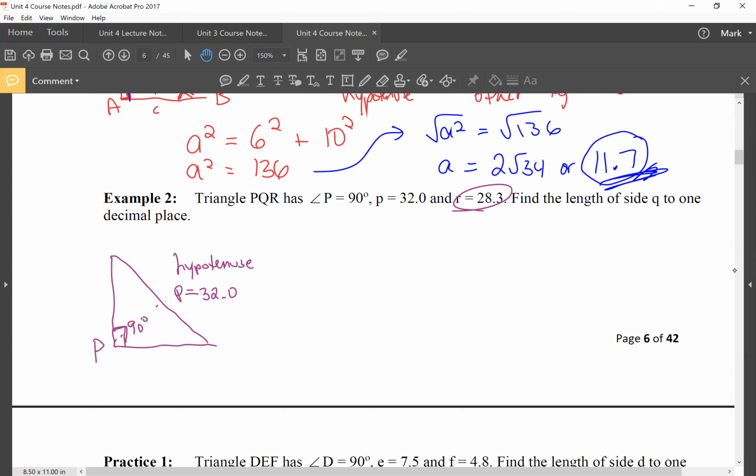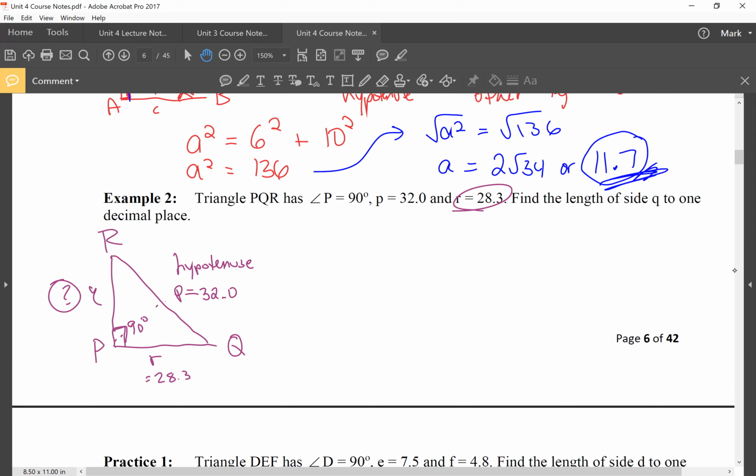So I could call this Q and I could call this R. It doesn't matter where the R and the Q go. So little r would be on the bottom across from the big R, so little r would be 28.3. And little q, we don't actually know. It's asking us to find q to 1 decimal place.